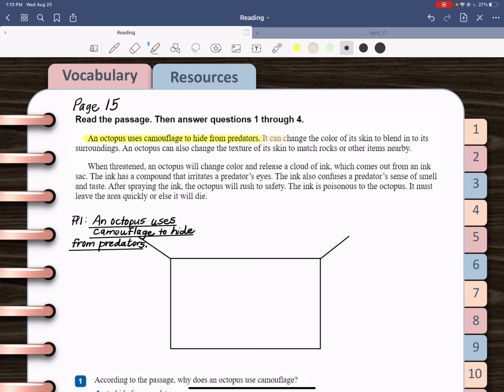It can change the color of its skin to blend in. It can also change the texture of its skin to match rocks or other items nearby. So they're telling me that it blends into its surroundings.